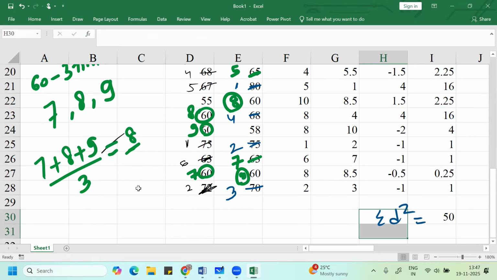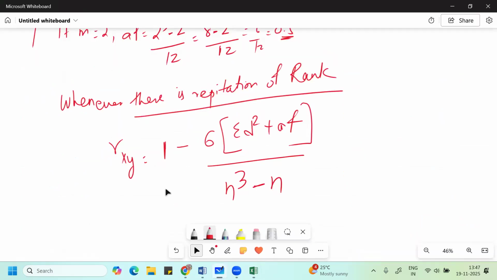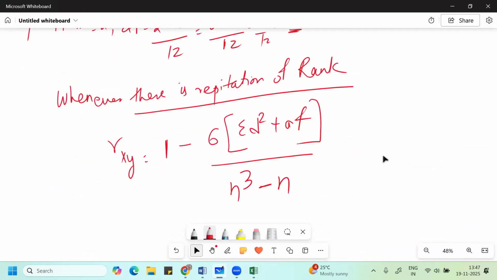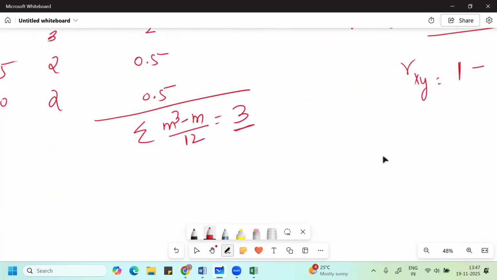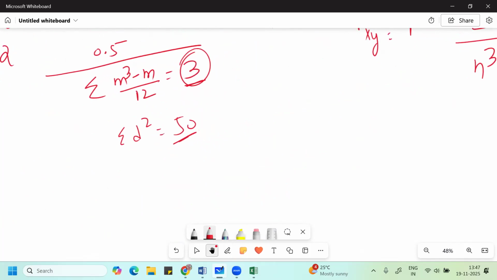And what is my adjustment factor? My adjustment factor here I got is 3. So sum of D square is 50, and adjustment factor is 3. So I'll apply the formula.